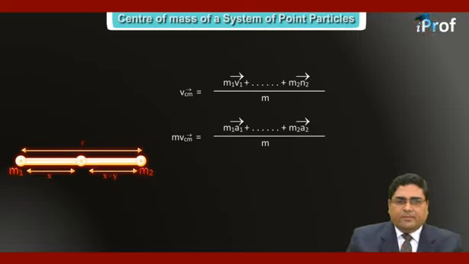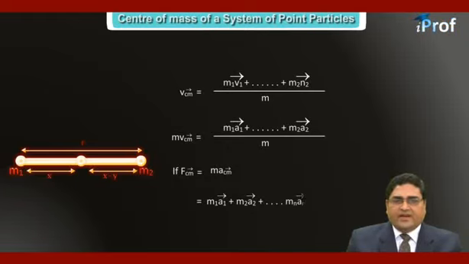Total mass multiplied with the acceleration of the center of mass gives us the force acting on the center of mass. So F_CM equals M into A_CM, that is equal to M1 A1 vector plus M2 A2 vector plus dot dot Mn An vector.